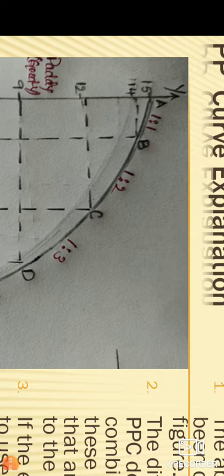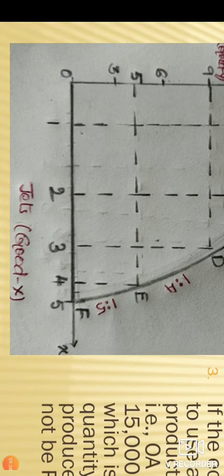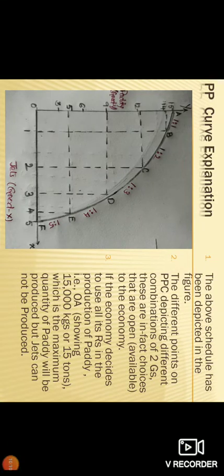Whereas in the F combination, there is only production of jets, which means all the resources are dedicated for the production of jets. So these two combinations, A and F, are the extreme combinations that are available to the economy.